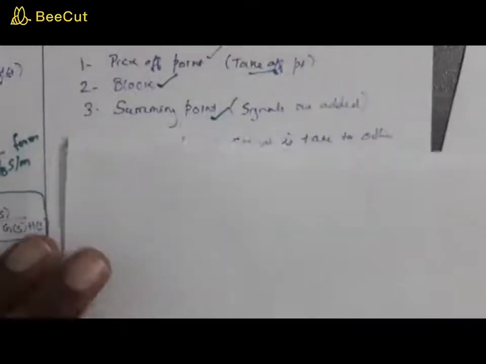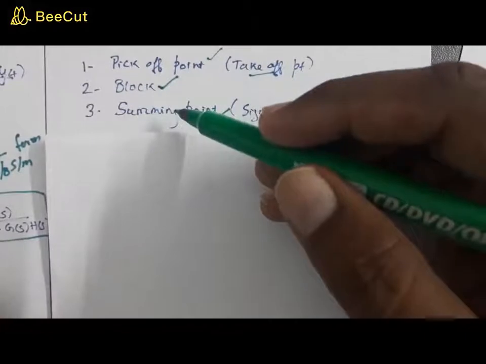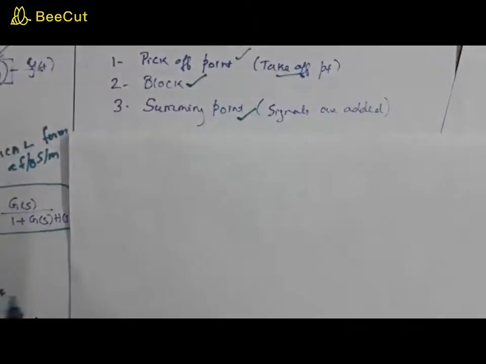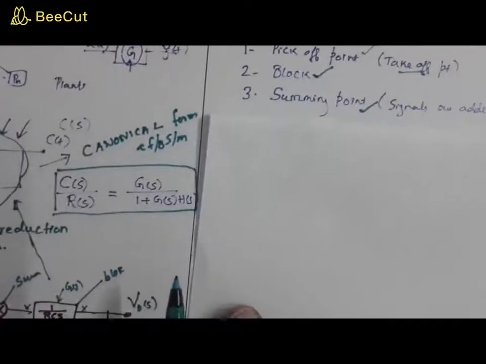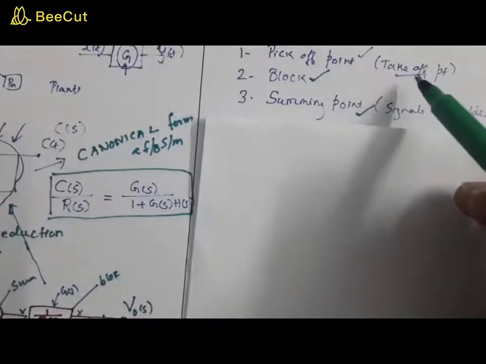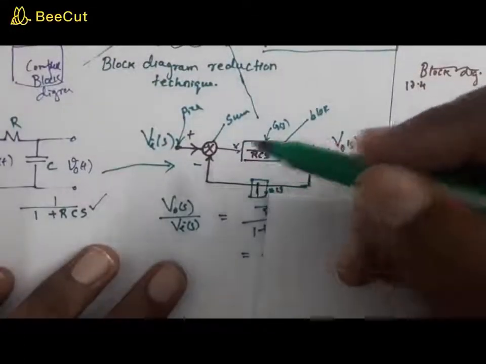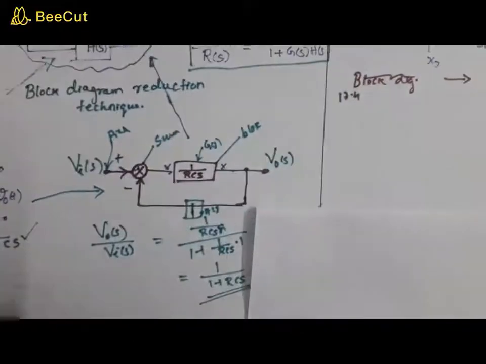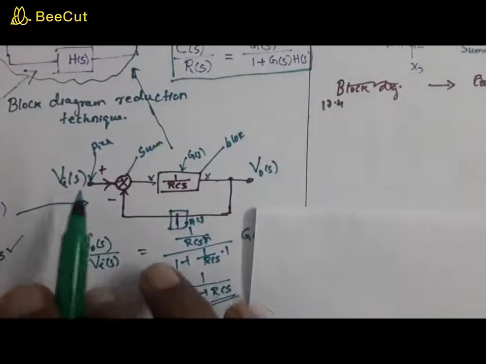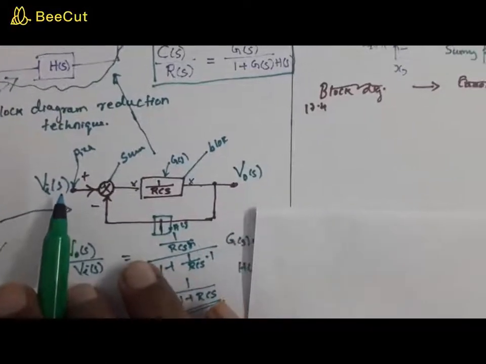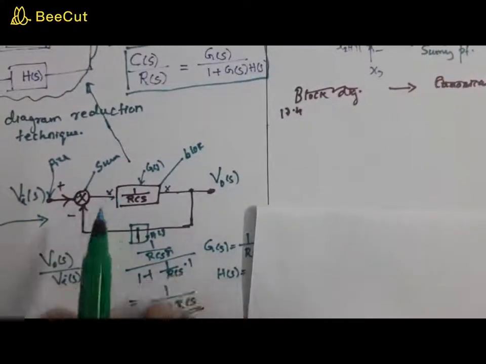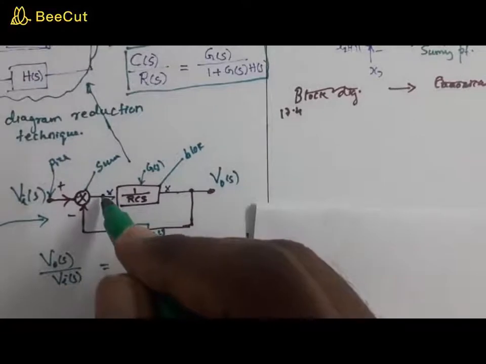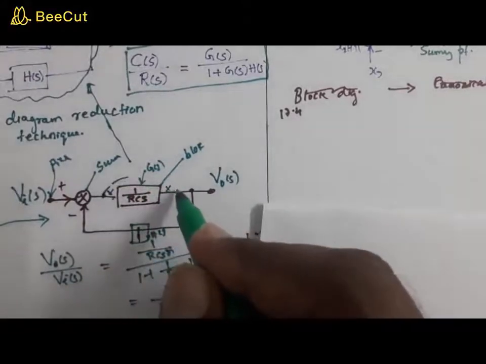So what are the various components that you can find in a block diagram? Pick-off point, block, and summing point. Do I need to explain it? It's so self-explanatory, right? The pick-off point is also called a take-off point. Why is it called a take-off point? This is also another take-off point. This is actually the point from where the signal is taken to the other part. Right now this is also a take-off point where the signal is taken to this part.